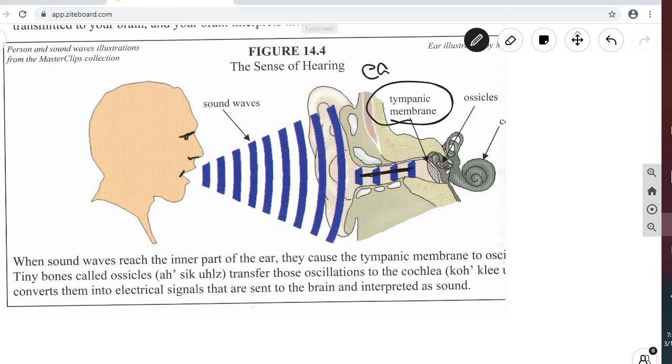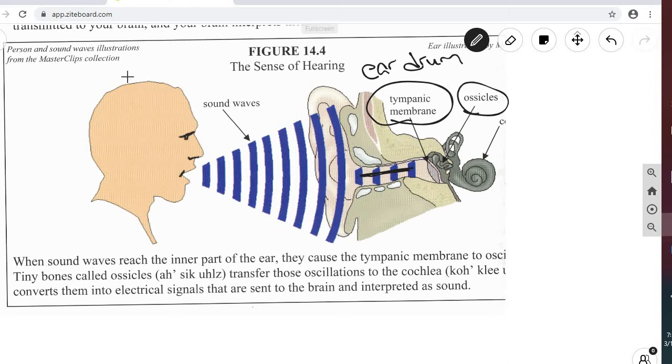We sometimes refer to this as the eardrum. When those sound waves hit the tympanic membrane, they cause it to oscillate or vibrate, and then those vibrations get sent to the small ear bones.